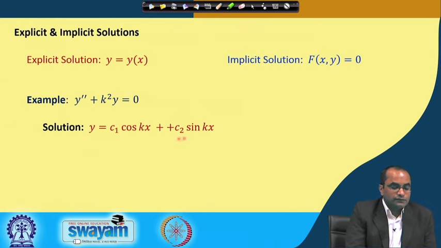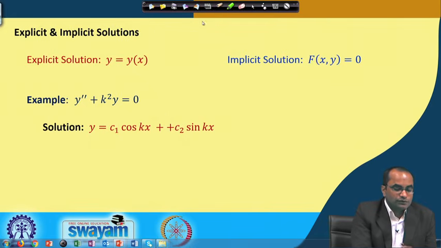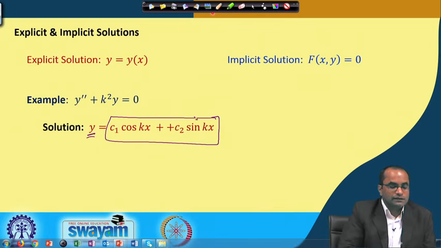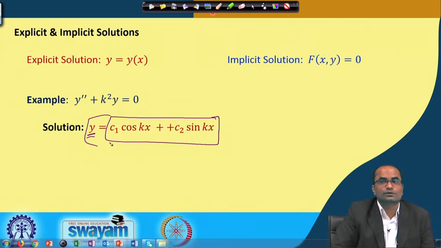And what else we observe here, that this is the explicit solution, because y is given in terms of x. The right hand side here is a function of x. So, this is an explicit solution, y is stated in terms of x.